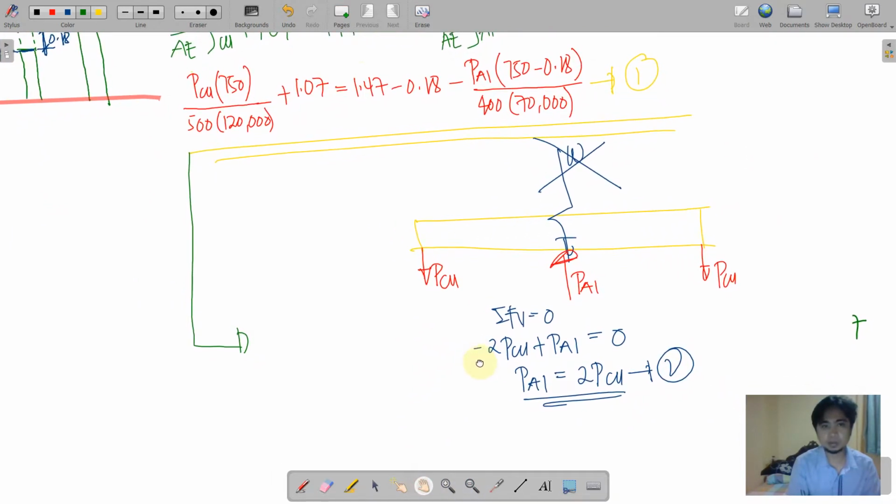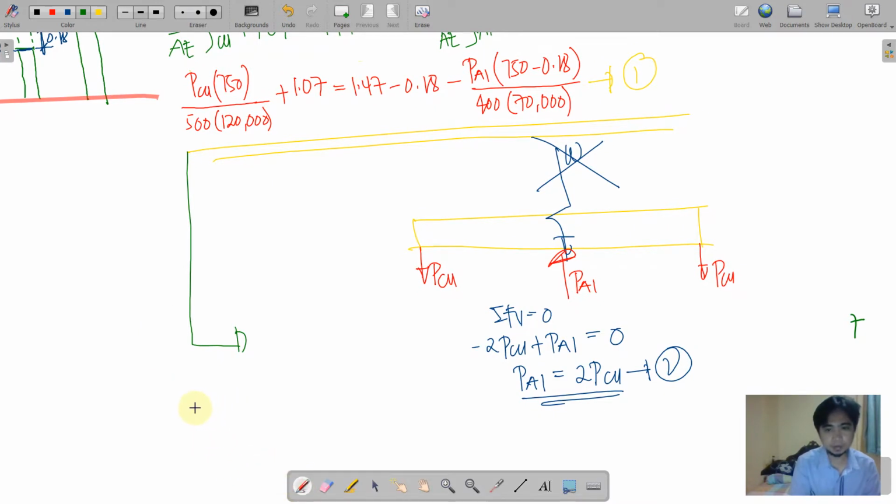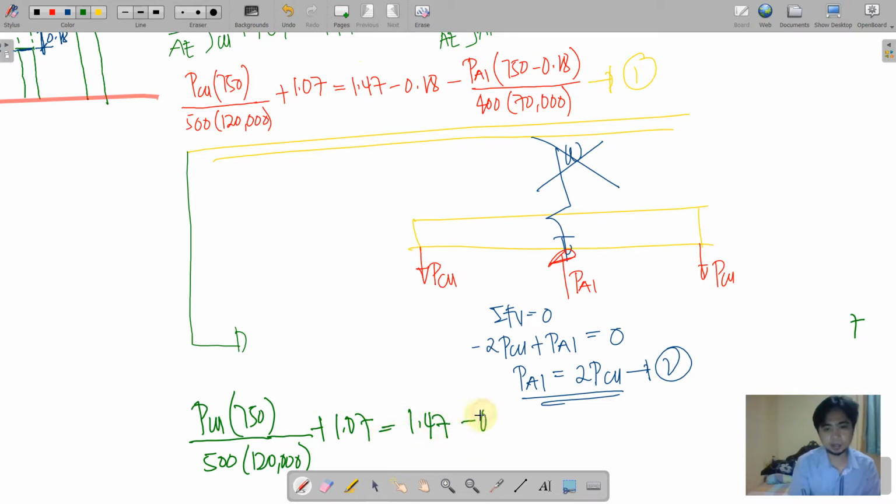Okay, so doing that, we have PCU, just copy that one, 750 all over 500, 120,000, alright, plus 1.07 is equal to 1.47 minus 0.18 minus, we replace P aluminum by this relationship, we have twice PCU, 750 minus 0.18 divided by 400 by 70,000.